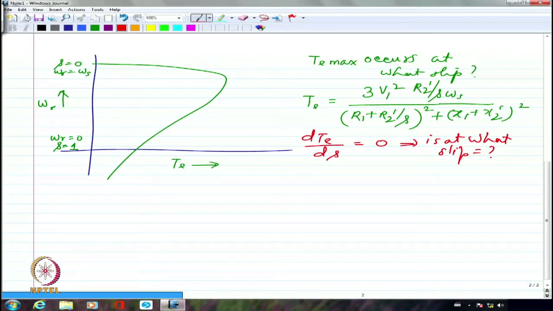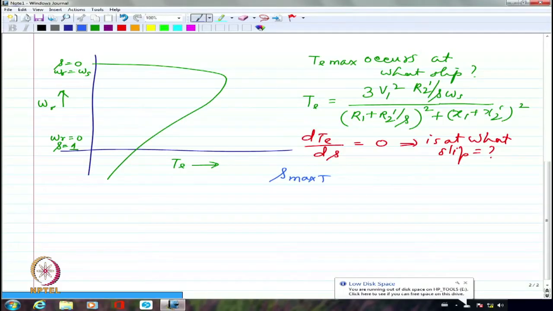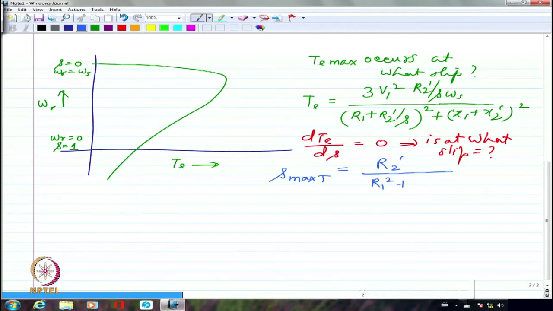You can find out, and that will come out to be S max T. I am writing this as the slip at maximum torque. That's what I mean by S max T. It will come out to be R2 dash divided by the root of R1 square plus X1 plus X2 dash the whole square.